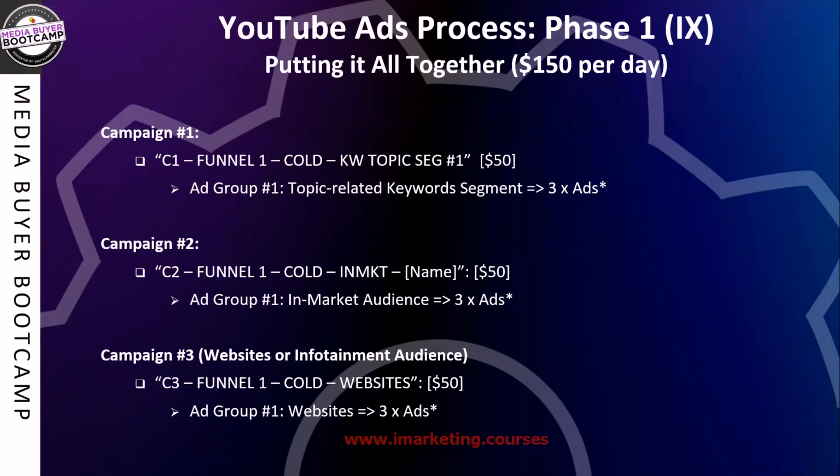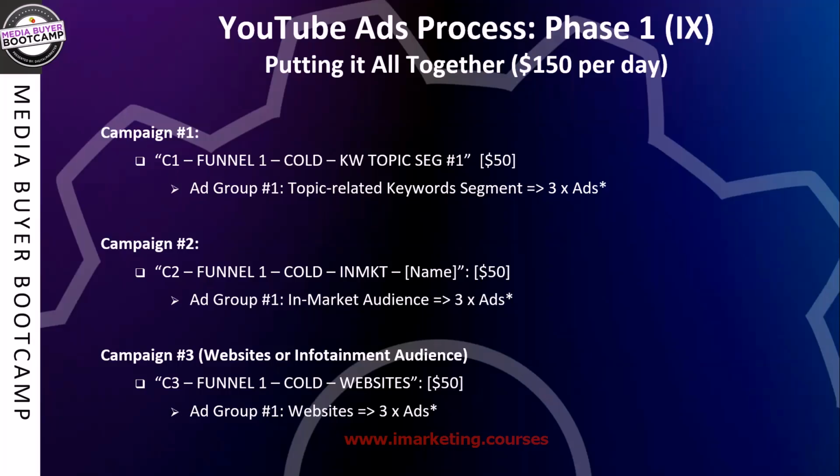It's normally not that bad, but you want to have the control and get accurate data coming back to you when you launch these campaigns. So you can only set the budget at a $50 level, the campaign level, I should say. Now within that ad group, you're going to put in 3 ads to start with. I'm going to show you what those ads look like and how they're built out, okay?